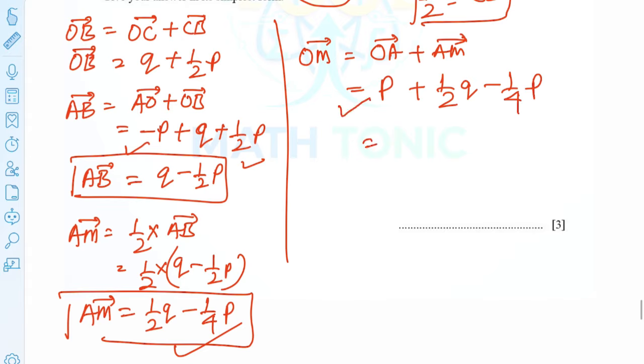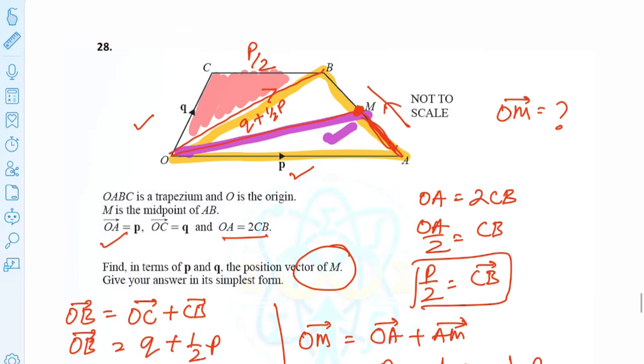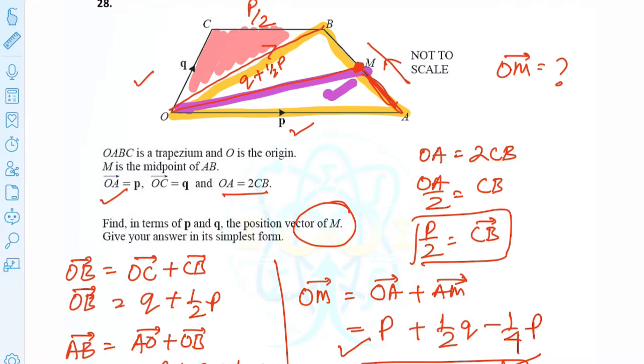So P minus 1 over 4P, 1 minus 1 over 4 is 3 over 4P, plus half Q will be the answer for this question. This is how we can find the OM vector. If I'm going very fast, please pause it or slow it down. You can learn that. Okay?